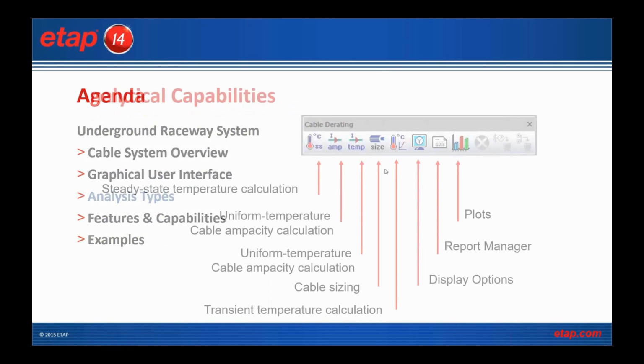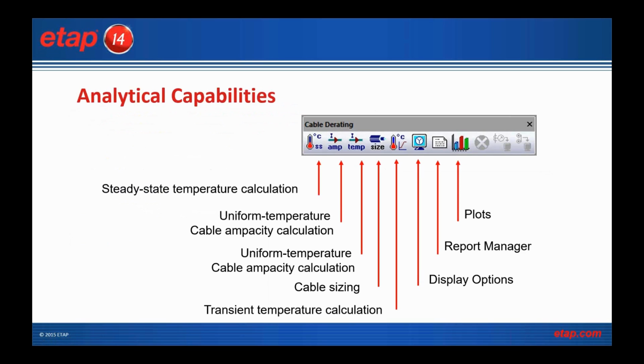So when we are running the calculations, we obviously have a toolbar with a number of buttons on it. Let's just summarize what these buttons do. The first one is essentially steady state temperature calculation. So that assumes or takes a certain amount of current that you specify, or it's calculated from load flow, and that's the current that's flowing through the conductor.